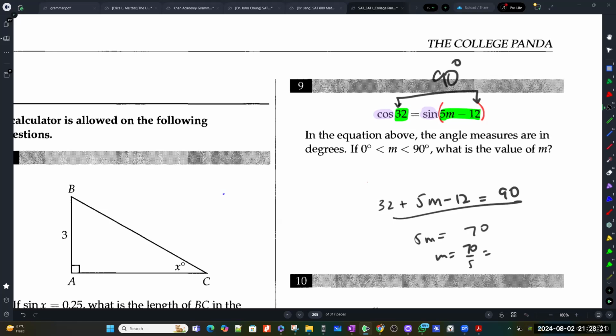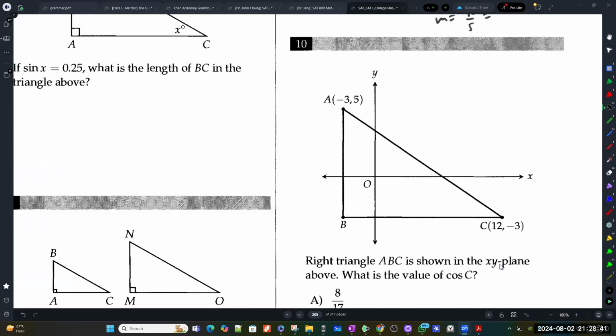Is that 9.2? Can you guys type in the answers? All right. So 70 over 5.